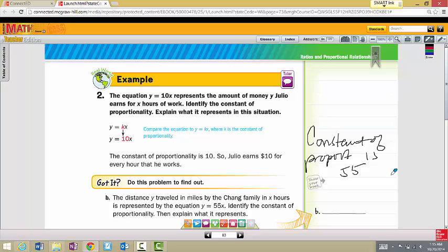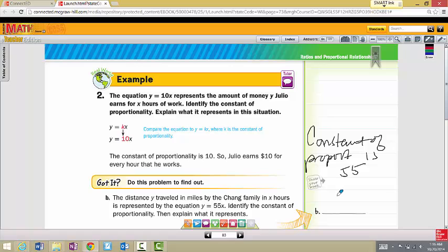The distance y traveled in miles by the Cheng family in x hours is represented by y equals 55x. So they traveled 55 miles per hour.